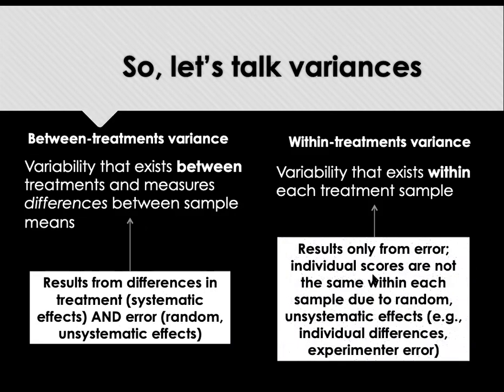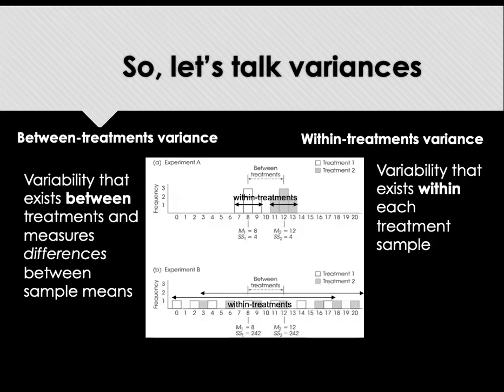The within treatment variance is variability that exists within each treatment sample, and it results only from error, right? This says individual scores are not the same within each sample due to random, unsystematic effects. And that makes sense, right? So when you're looking back at this graph here, let's say that the white boxes, treatment 1, is art therapy.